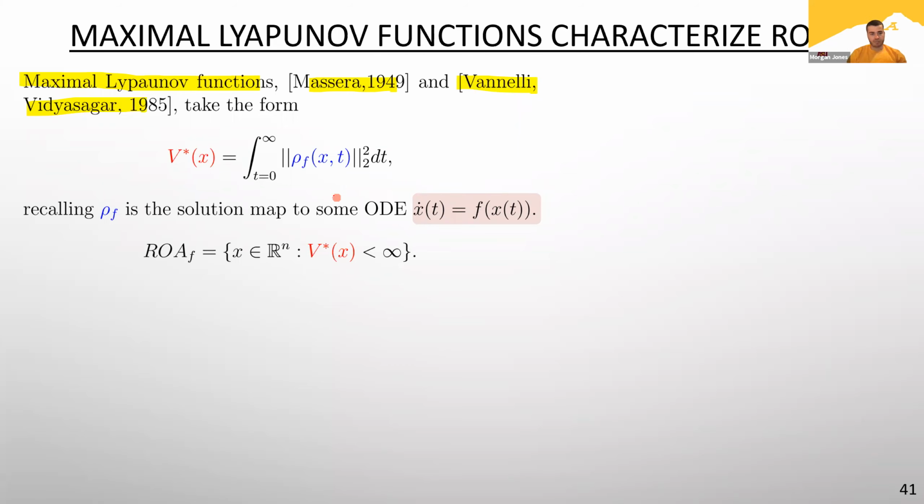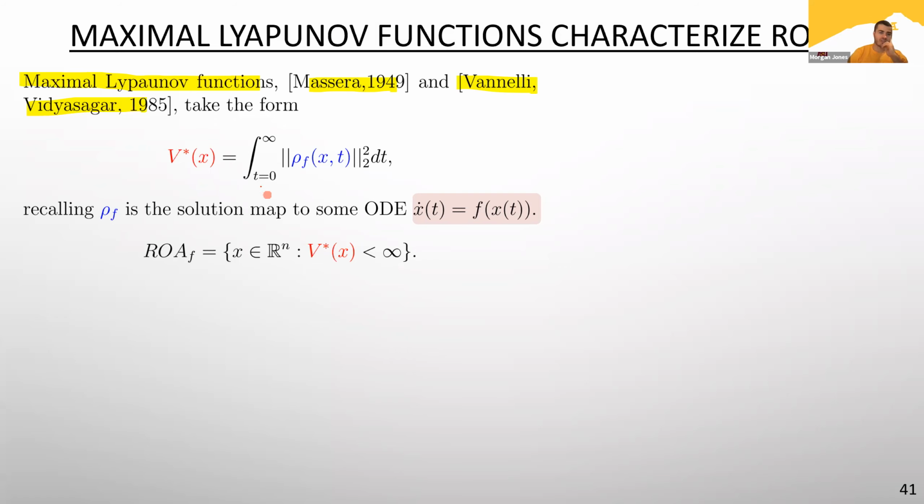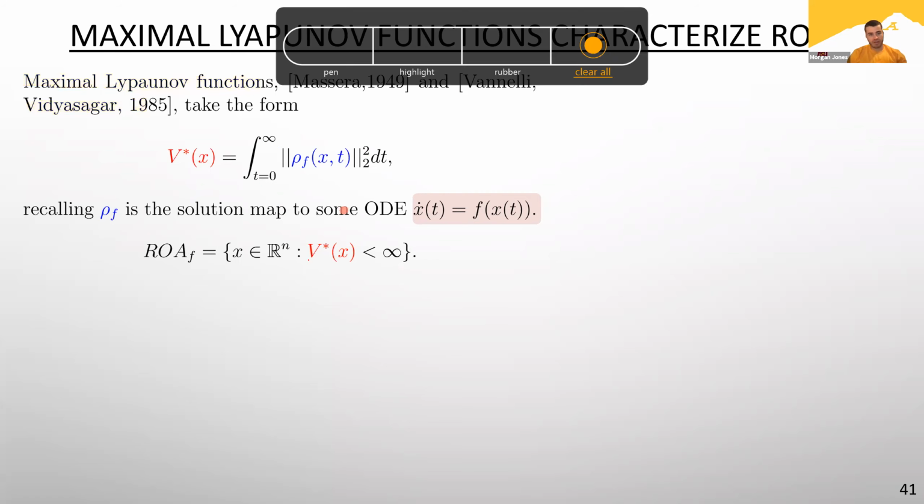And this converse Lyapunov function takes the form of an integral from time equals 0 to infinity of the solution map with a squared Euclidean norm. And it can also be shown that the infinity sublevel set of this maximal Lyapunov function exactly gives the region of attraction.